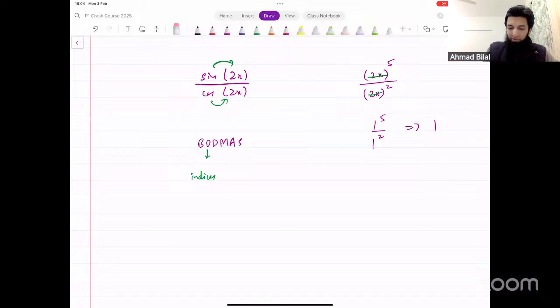And it also includes any kinds of functions. So O basically means order, which includes powers of anything, and functions. Sine and cos are functions applying on 2x. Unless you apply them first, you cannot do any multiplication, division, addition, subtraction with them. So first sine will be evaluated, cos will be evaluated, and then you do anything after that. Does that make sense? Is that clear for everyone? So this has a higher priority.